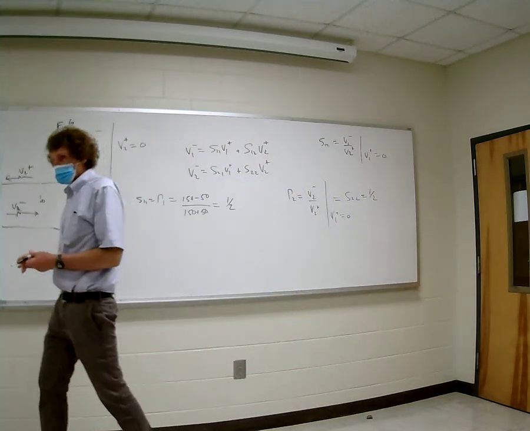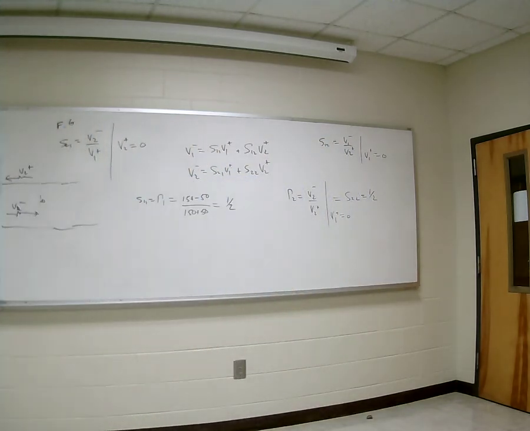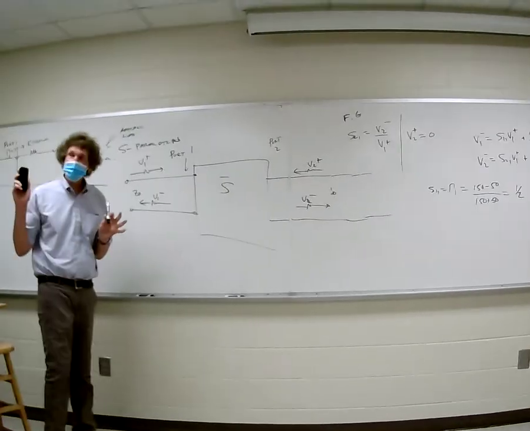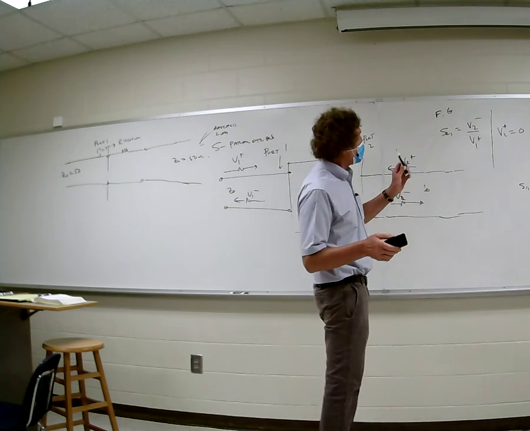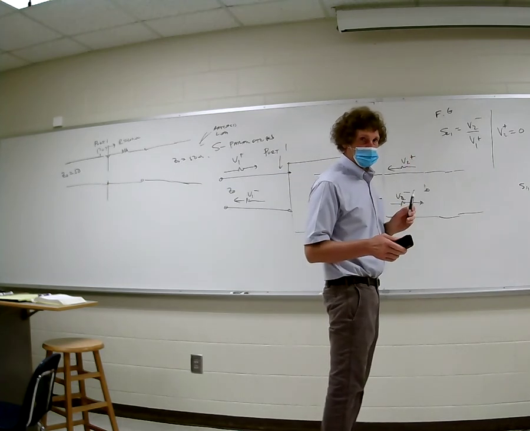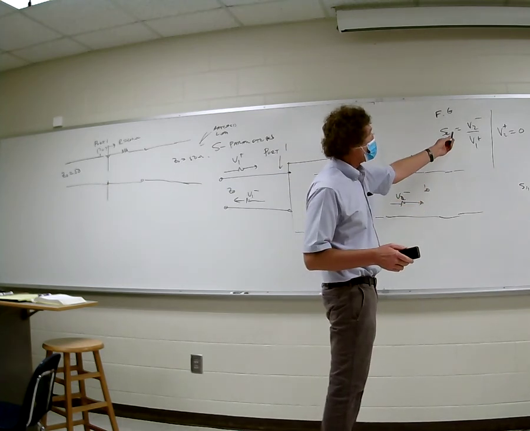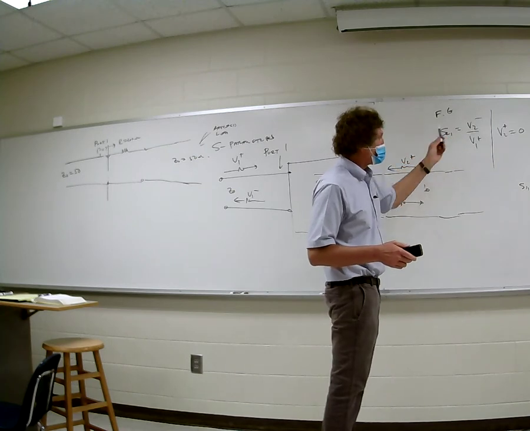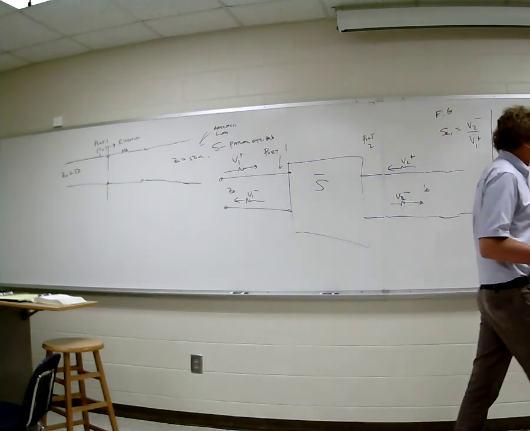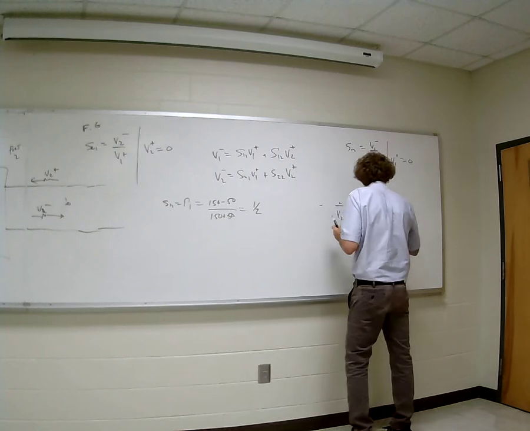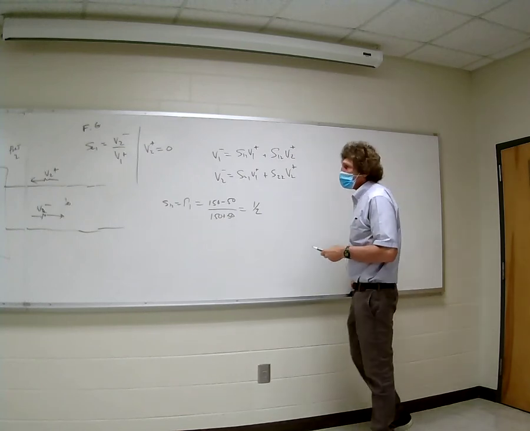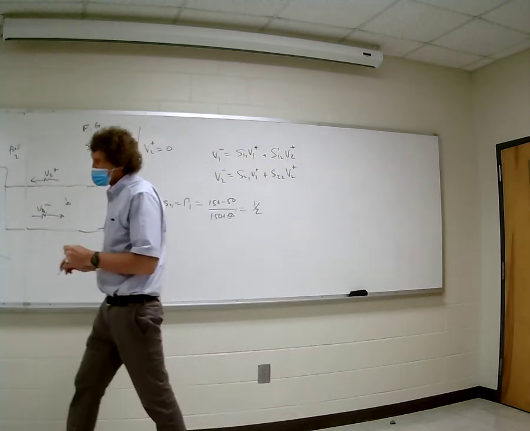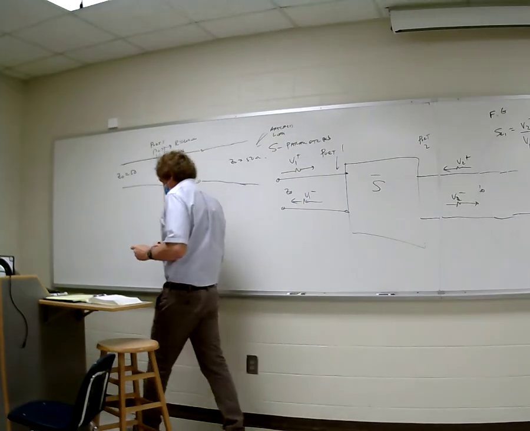Y'all with me? Now, the next part's the one you pay attention to because people mess this up. So I want to make sure you see this. We're going to go get S21. Now look at that. It's a ratio of V2 minus over V1 plus, right? I'm going to do this over here. So when I think about V2 minus, here's one of the big problems people have.